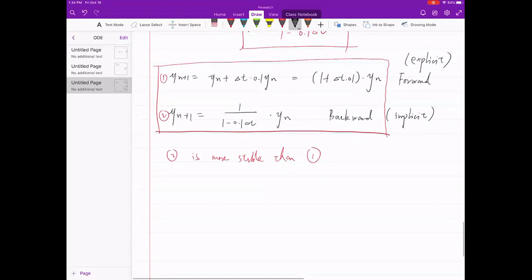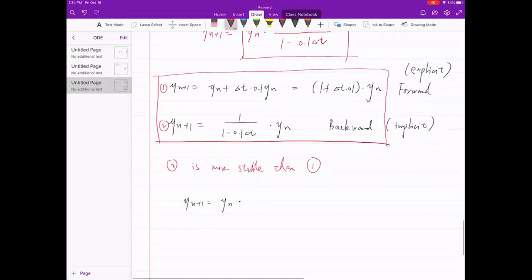Okay. Basically, what you have is y(n+1) equals yn times some number, right? What's the number here? What's the number here?